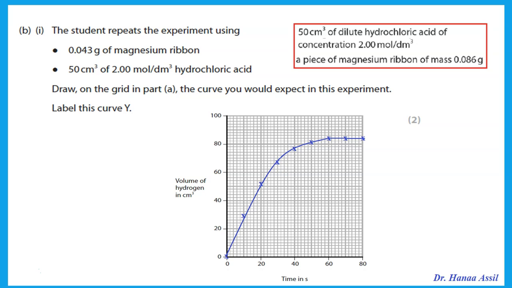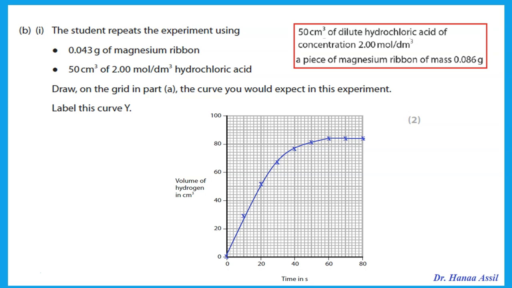Remember, I'm using less magnesium, so it is a slower reaction. And remember that magnesium is my limiting reagent because the HCl was excess. We were told that the HCl is excess. So it is the amount of magnesium that determines how much gas is given off.